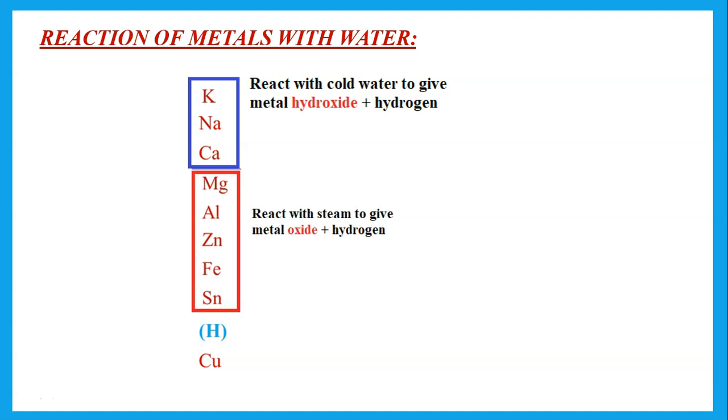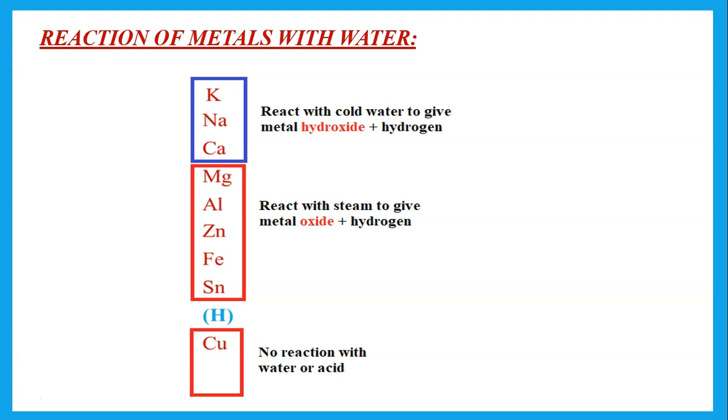But starting from magnesium till above hydrogen, these are less reactive metals. They don't react with cold water, or they react very slowly with cold water. So we react them with steam. So that's just water at very high temperature. Now, a metal that reacts with steam will give the oxide plus hydrogen. So magnesium plus steam, magnesium oxide plus hydrogen, zinc plus steam, zinc oxide plus hydrogen.